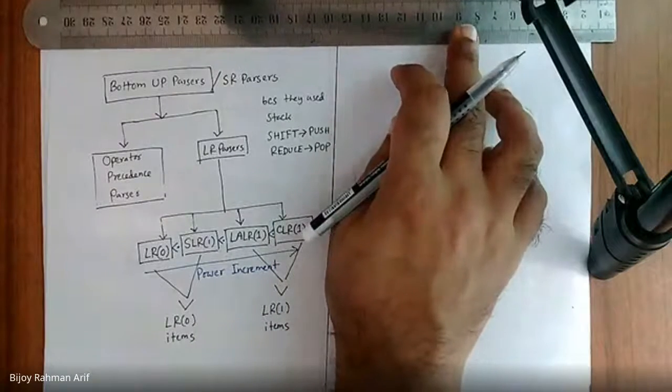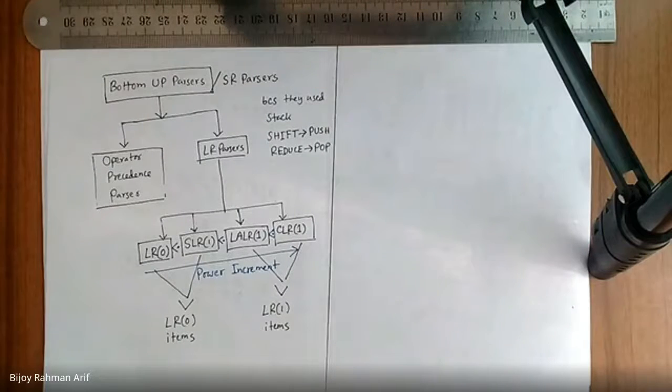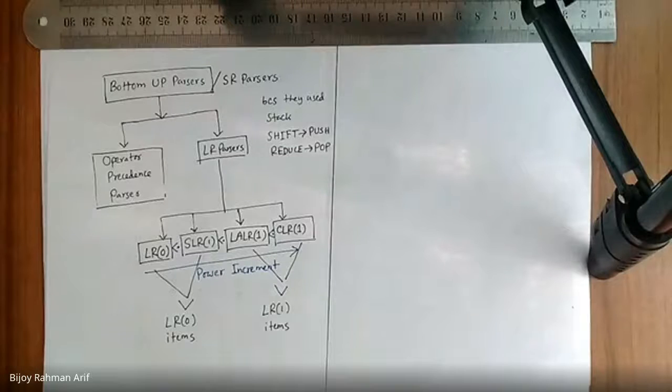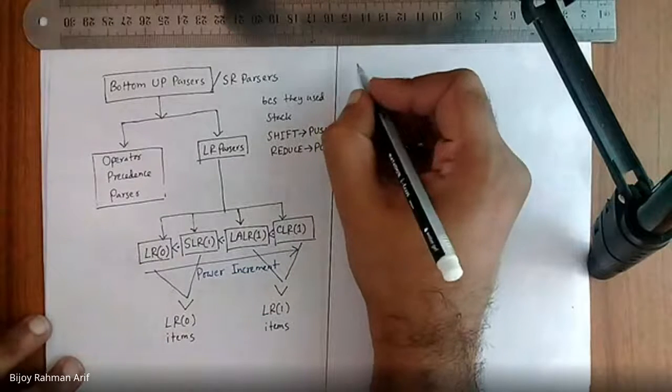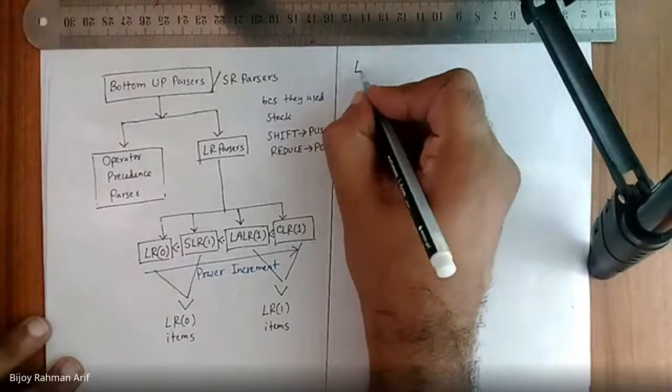Okay, that's it. Do you have any question you can ask? So what does LR refer to? You should know. Yes, we have already discussed what LR refers to. So let's start with the LR0 parser.